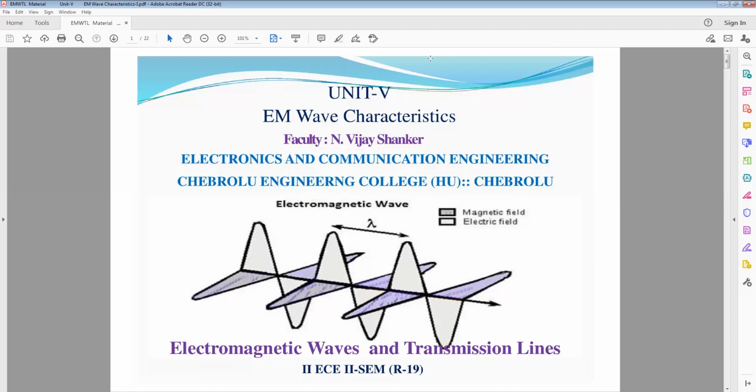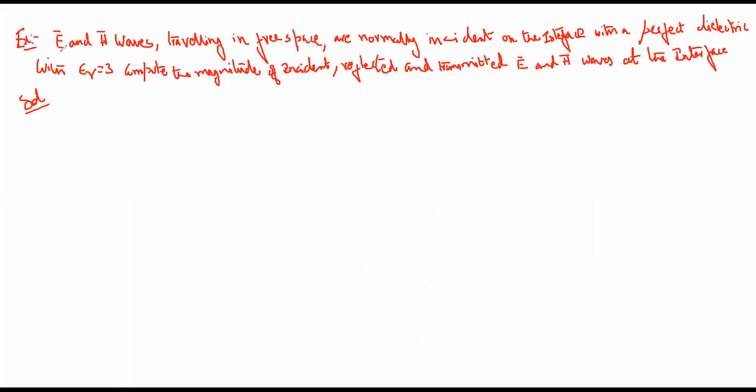Let us see the examples in electromagnetic wave characteristics 2. The E bar and H bar waves, electric and magnetic field waves traveling in free space, are normally incident on the interface with a perfect dielectric.